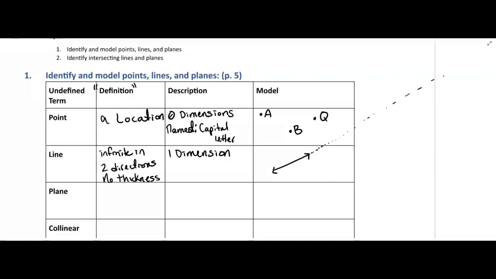And then keep in mind that in geometry, a line is always straight, something that could be drawn with a ruler, not curved. And we name lines by 2 points on the line.